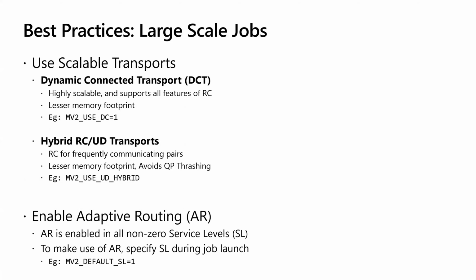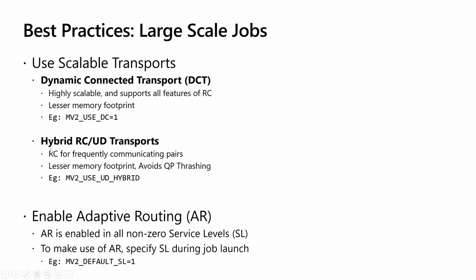DC, as many of you know, is highly scalable and is supported in the hardware. All the features of RC are supported, like RDMA and atomic operations. Unlike UD, where UD gives really good scalability, but you don't have features like RDMA, or you're limited by the MTU size. So you try to use DC as much as possible.